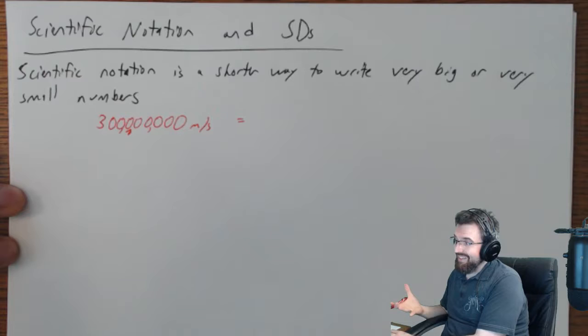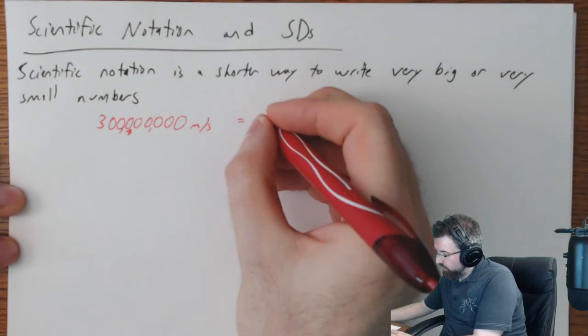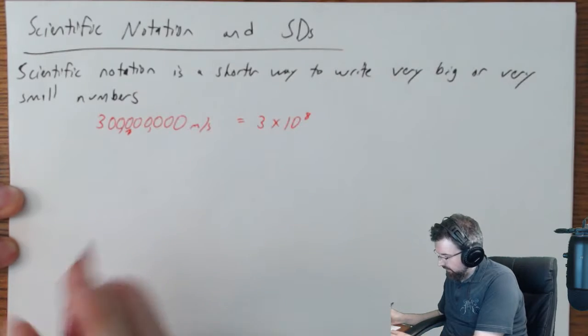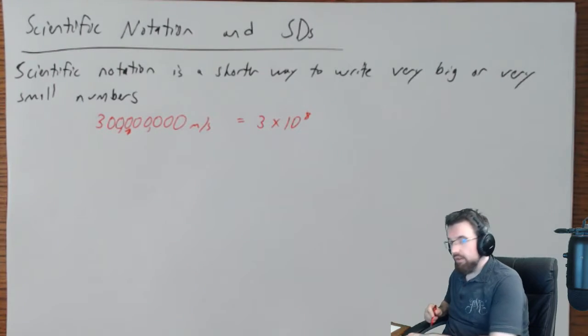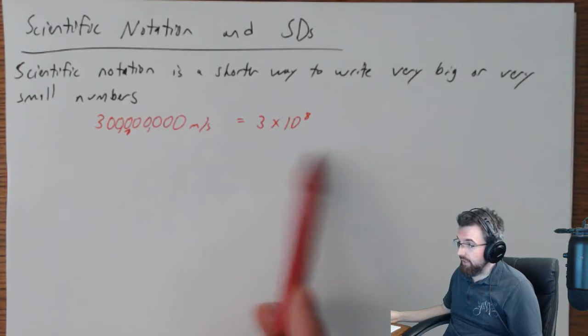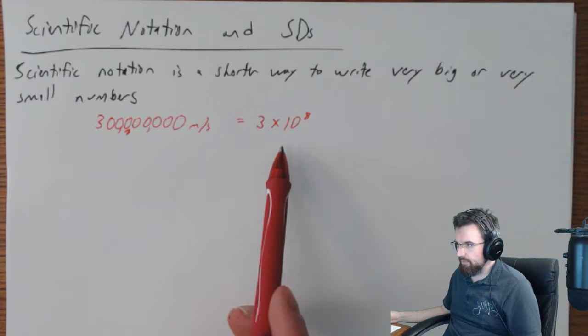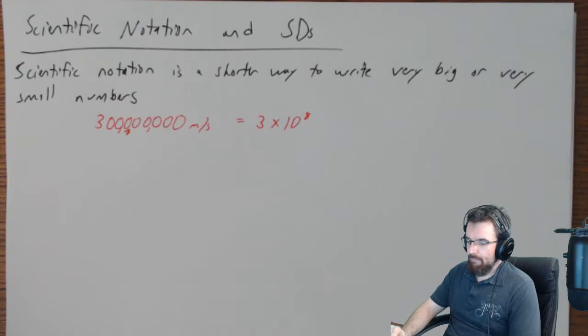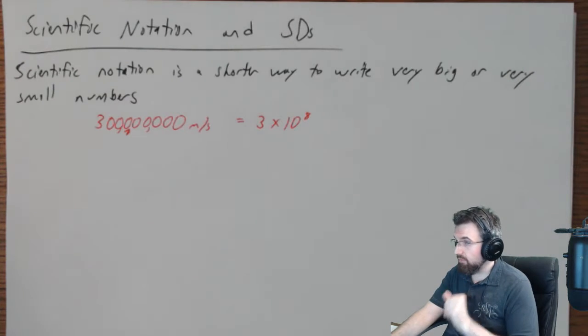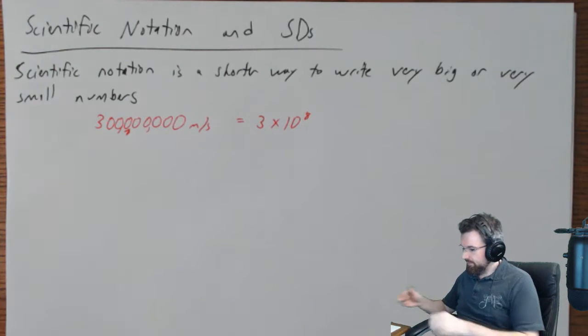But we can rewrite this. We could rewrite this as 3 times 10 to the 8, because that's what comes on afterwards. But this is not how we write the constant c, though. And I bring this up for a reason, not just as an aside, but this is because of the second role that scientific notation plays.